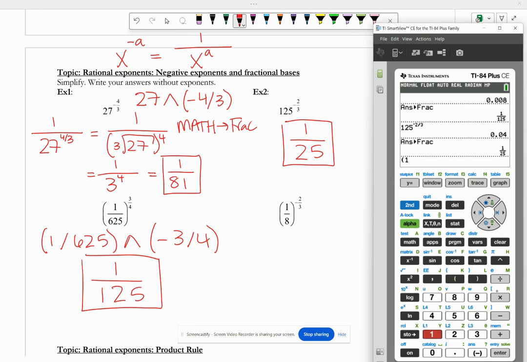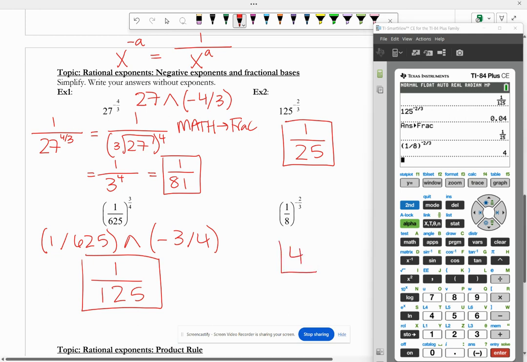So 1 divided by 8 to the negative 2 divided by 3 gives me 4. So again, for these, especially when you're doing numbers, use the calculator.